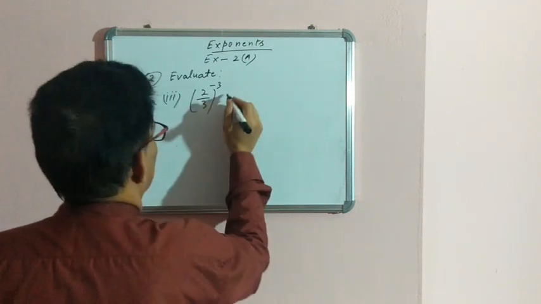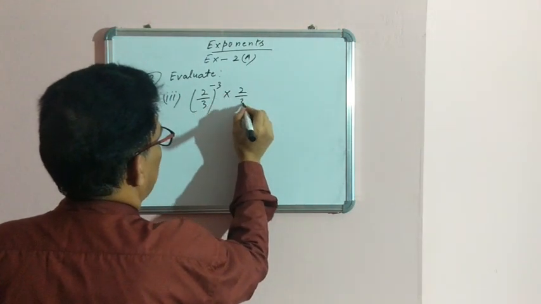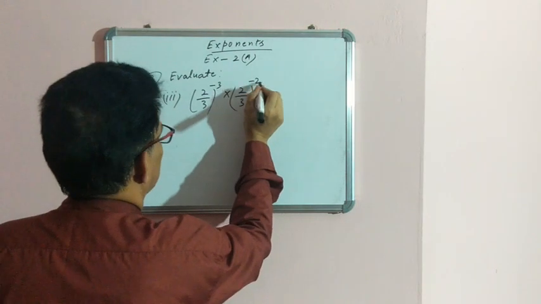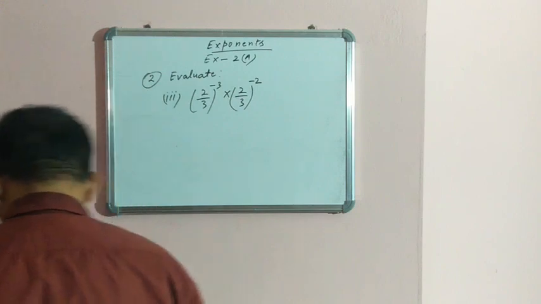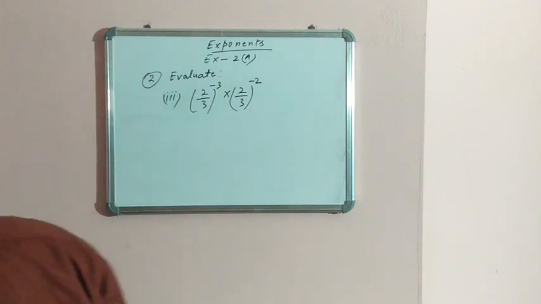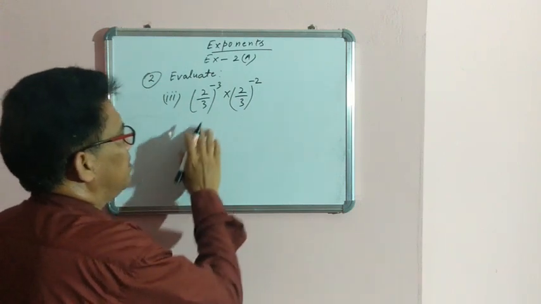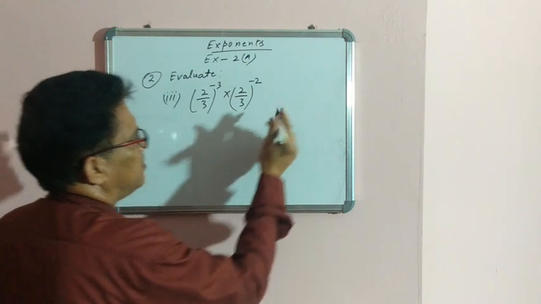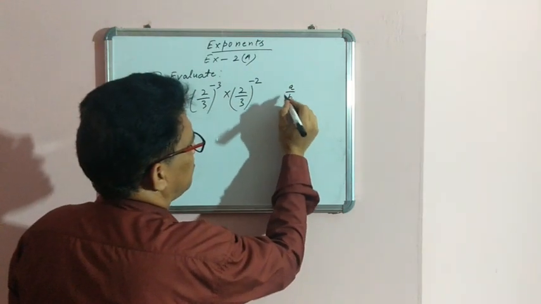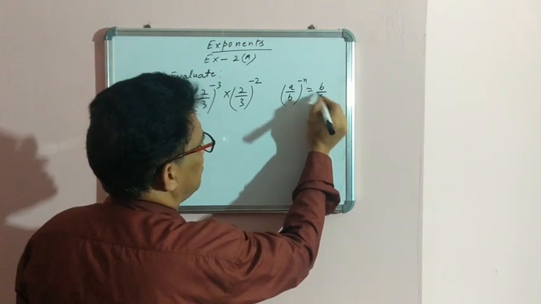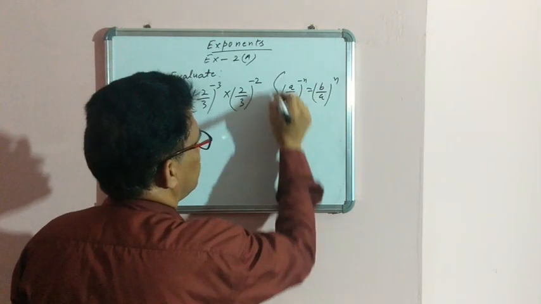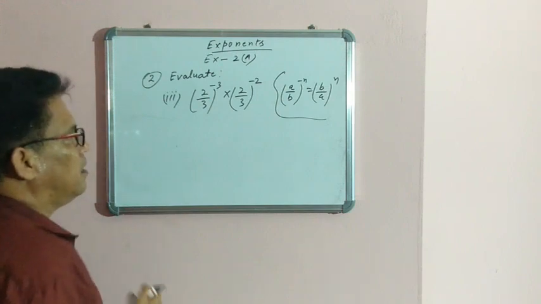We have to evaluate this one. Clear? So what we can do here, as you have seen, (a by b) power minus n is equal to (b by a) power n. So this we will use here.